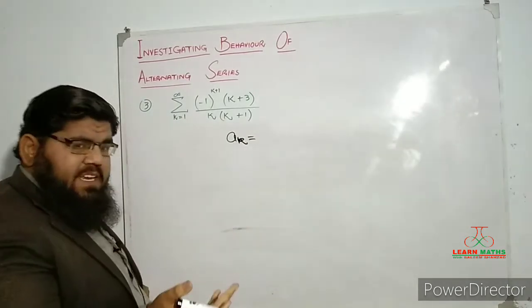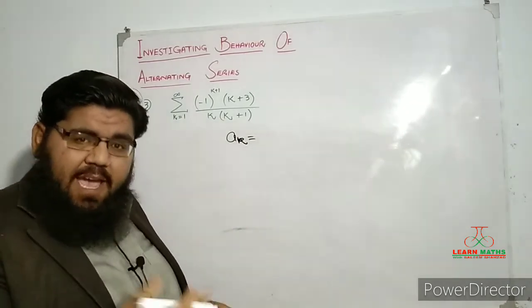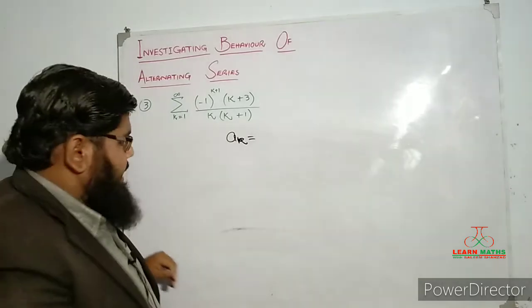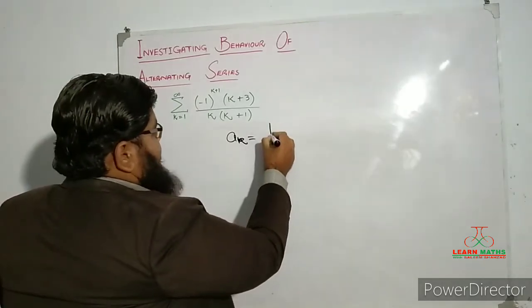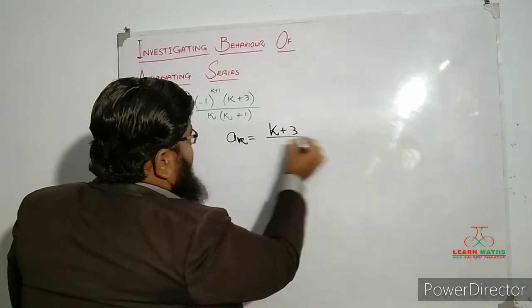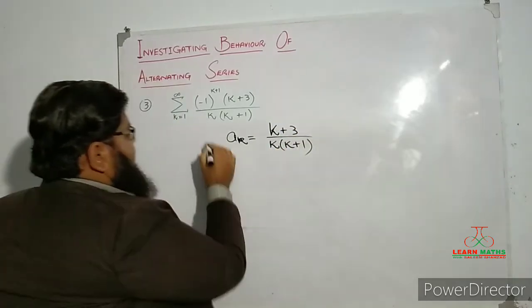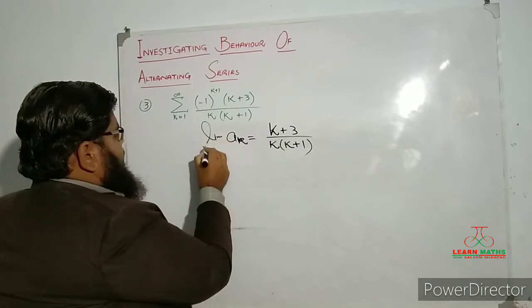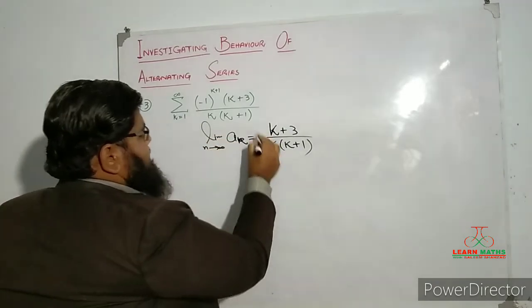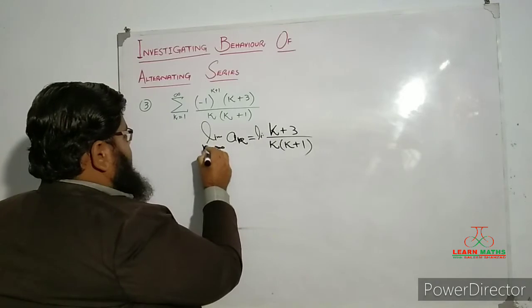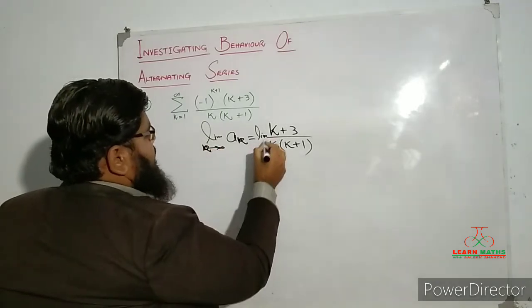By the way, these are dummy indices, you can replace them by any other, but let's write a_k. So we have (k+3) over k(k+1). Let's see its limit as k approaches infinity.